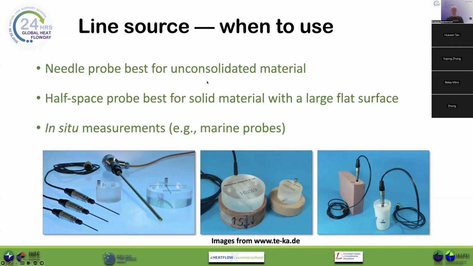If you have to measure the thermal conductivity of unconsolidated material, needle probes are the best option, largely because you can press a needle quite easily into unconsolidated material, and then measure the conduction of heat from that needle out into the surrounding unconsolidated material. You can also measure solid materials though, and the half plane sensors are best for measuring the thermal conductivity of solid materials.